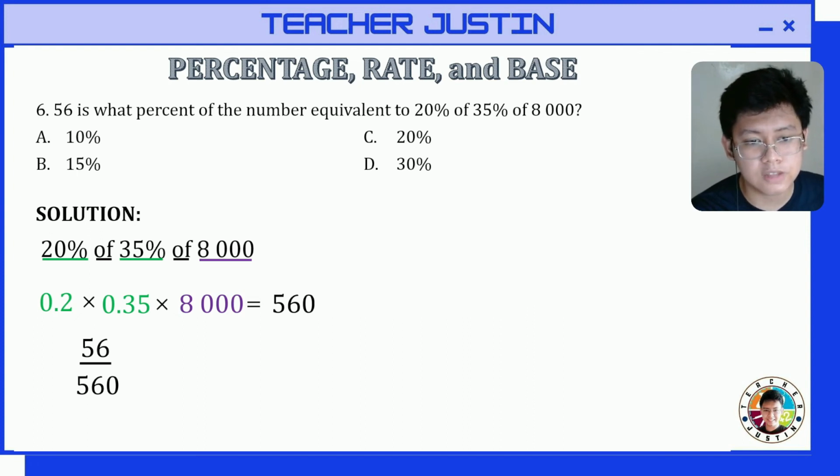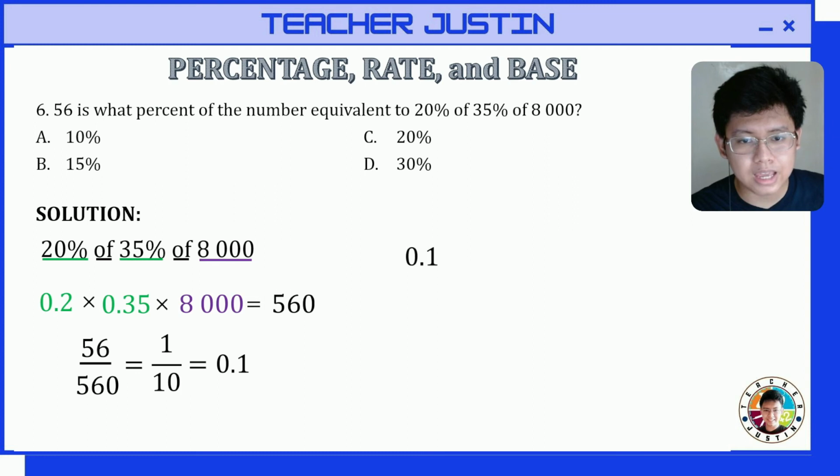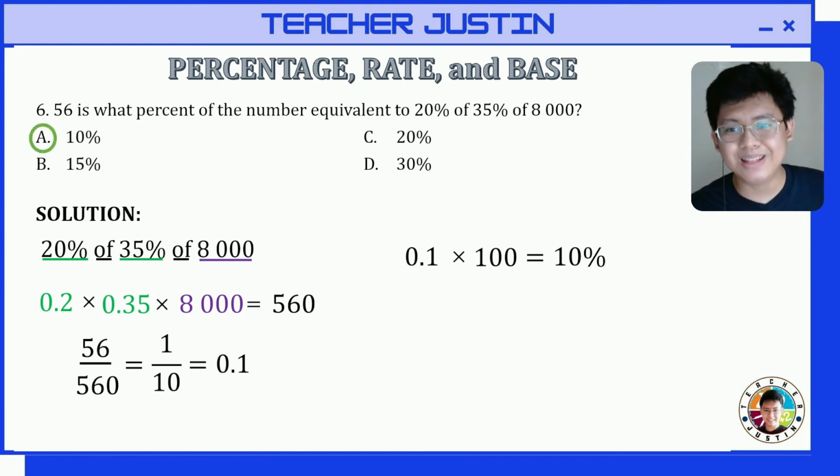So, since they are divisible by 56, magiging 1 over 10 na lang siya. Tapos, let's divide 1 over 10. That will give us 0.1. And yung 0.1 na yan, okay, convert natin to percent by multiplying it by 100. So, 0.1 times 100 is equivalent to 10%. And to answer our problem, it will be letter A, 10%. And that's it. Ta-da! Alright.